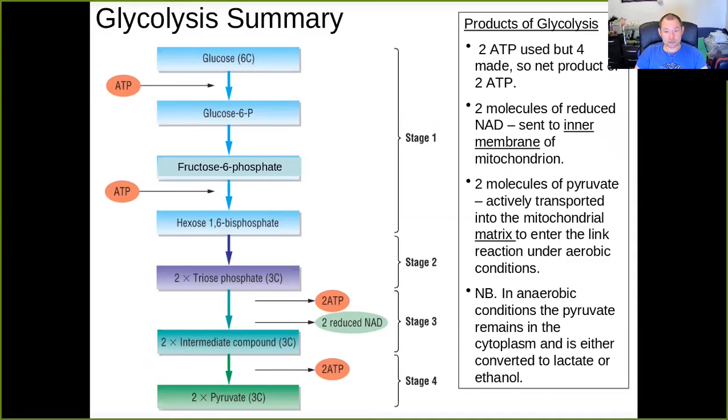2 molecules of reduced NAD are sent to the inner membrane of the mitochondrion. 2 molecules of pyruvate are actively transported into the mitochondrial matrix to enter the link reaction under aerobic conditions. Note in anaerobic conditions, the pyruvate remains in the cytoplasm and it's either converted to lactate or ethanol, and lactate can basically be used as an emergency energy source.